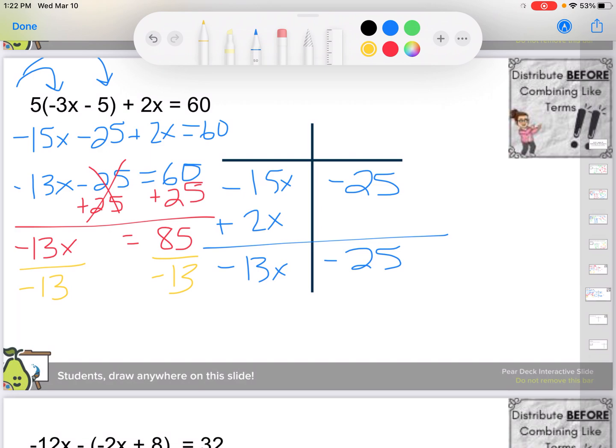So I'm going to get out my calculator. And I'm going to do 85 divided by negative 13. I did get a crazy number. So x equals negative 6.5. And it's going to keep going. It's a crazy answer, but I'm going to round it to negative 6.5.